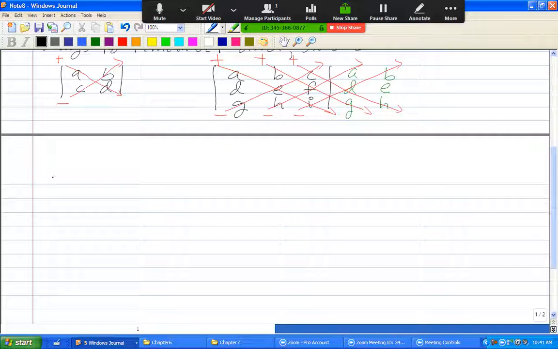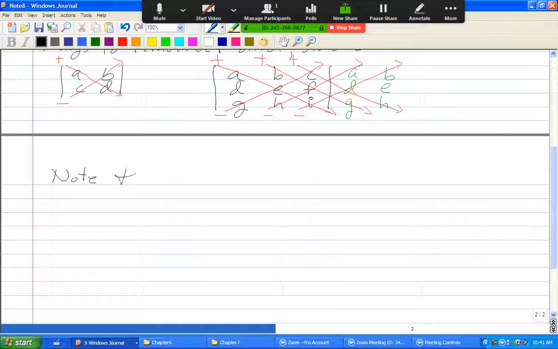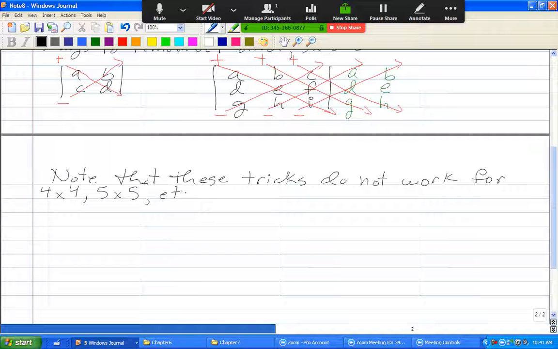Note that these tricks do not work for the 4 by 4, 5 by 5, etc. cases. So it only works for this 2 by 2 and 3 by 3 case.